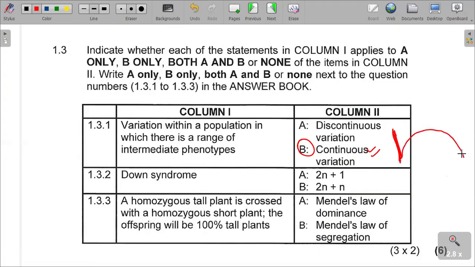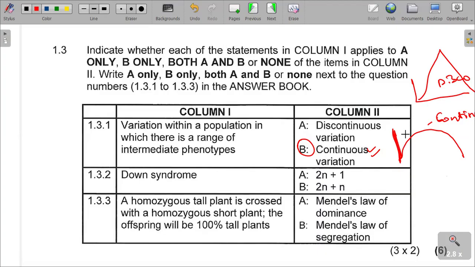It is shown by a graph that stretches, and then the one for discontinuous has a short range of values, which is this. This is for discontinuous, and this is for continuous. Just take note of the graphs.